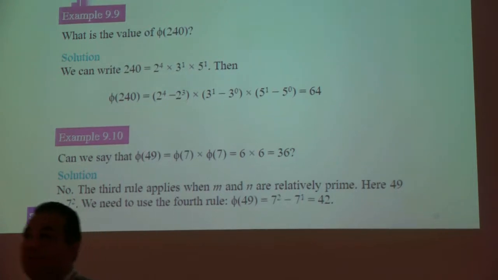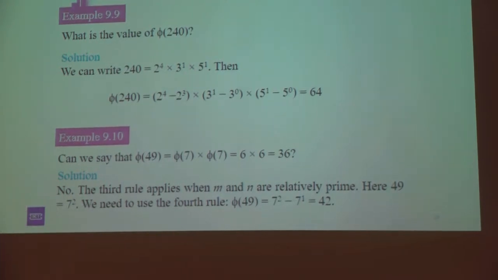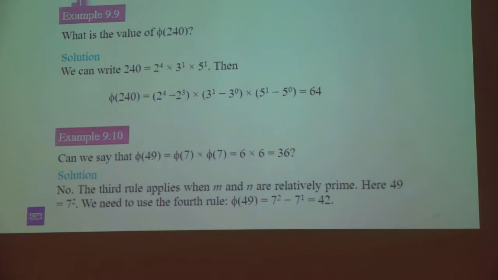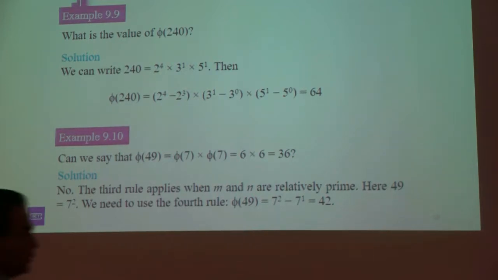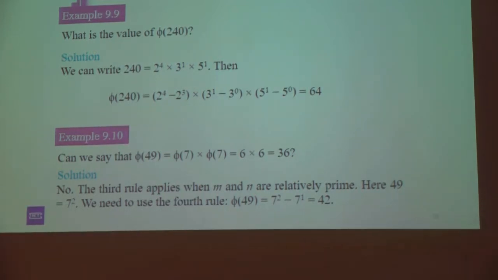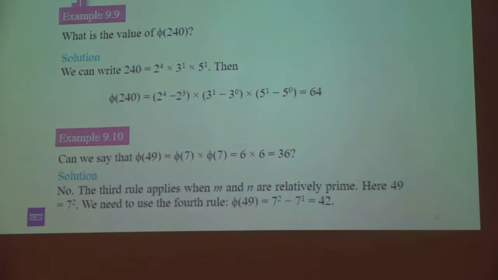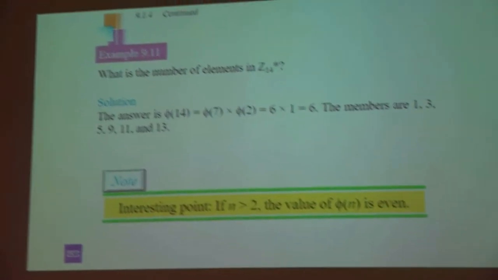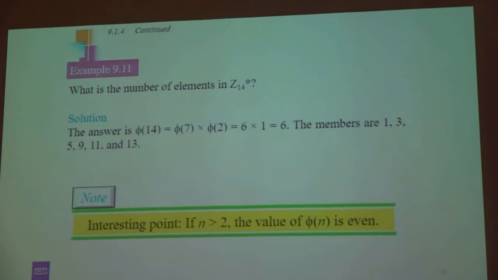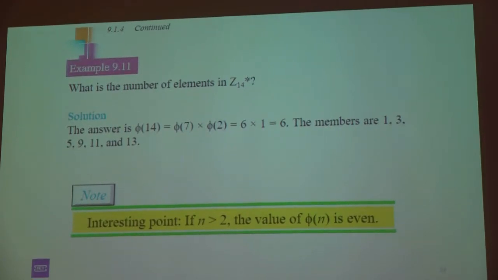Remember that in many algorithms in the future, you're going to need to calculate the phi. So a few rules that you have to note down. Alright. What is the number of elements of Z14? Is 14 a prime?